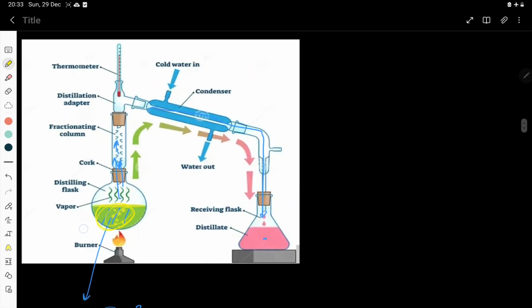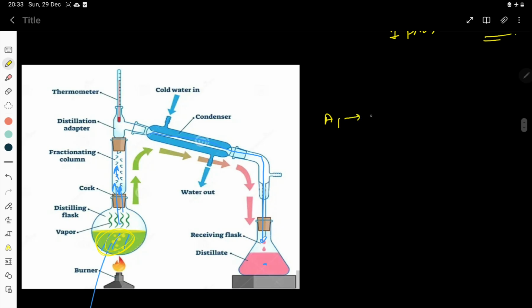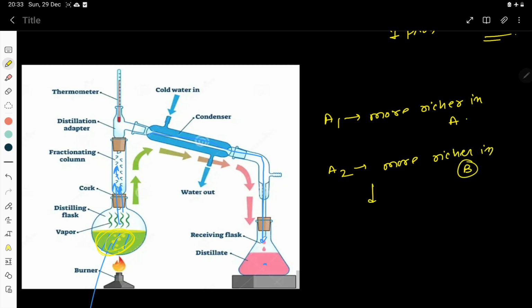So what I can write here is that A1 is richer in A and A2 is richer in B. By repeated distillation, this A2 will become even richer in B.